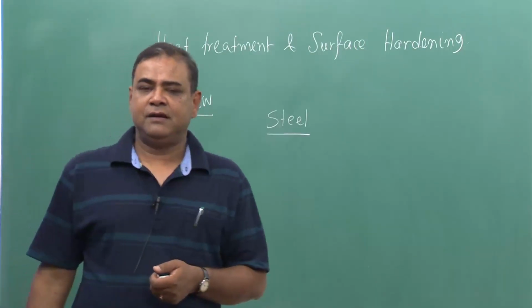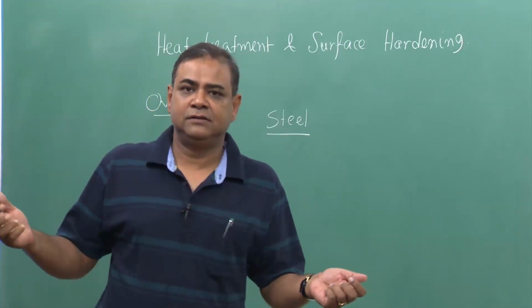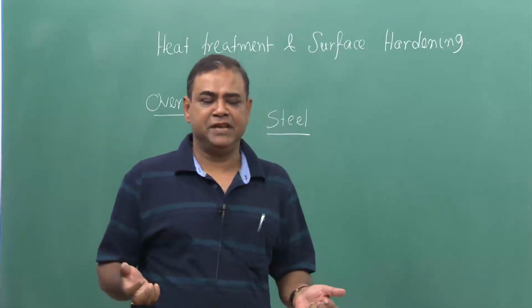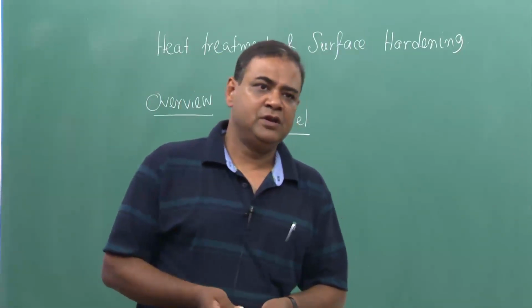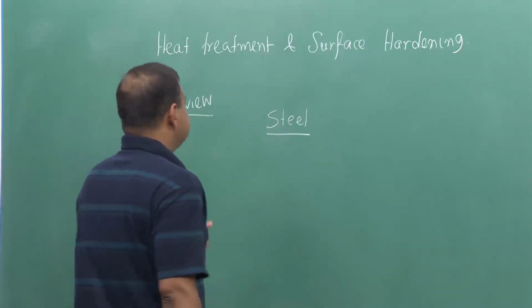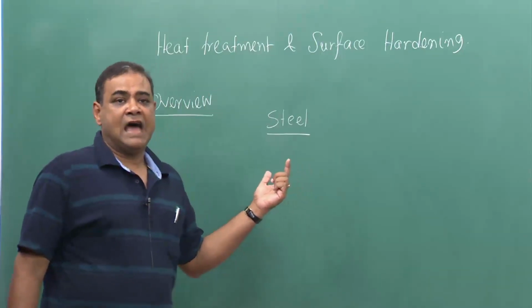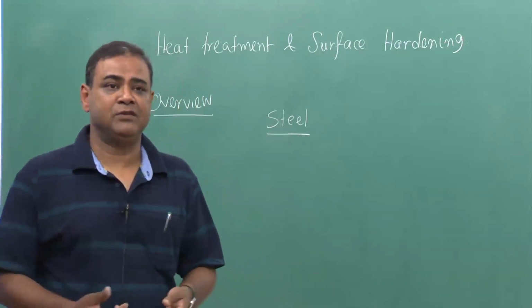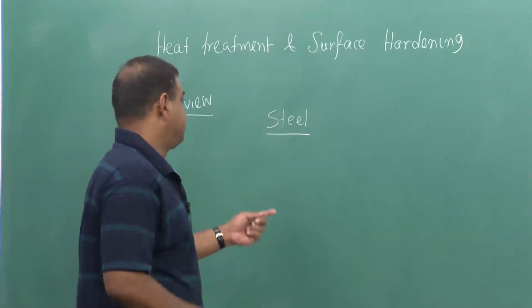In fact, if we consider the gamut of use of different materials in our engineering applications, we would see that at least 70 to 80% of applications, considering the fact that we are living in a modern society, still it is steel.